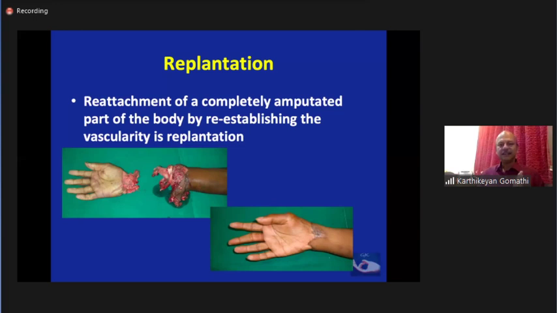Now, the definition of replantation is reattachment of a completely amputated part of the body by re-establishing the vascularity. So that is replantation, like you can see in this picture.